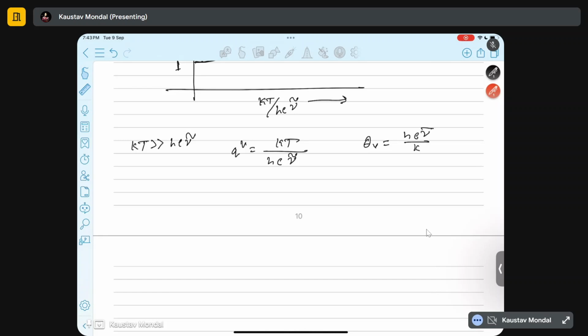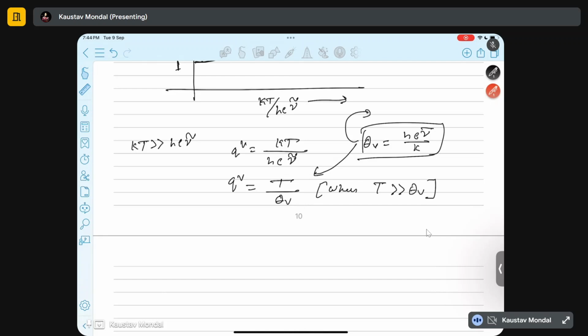So you can write QV in terms of theta v as QV equal to T by theta v, and this is only true when T is greater than theta v.